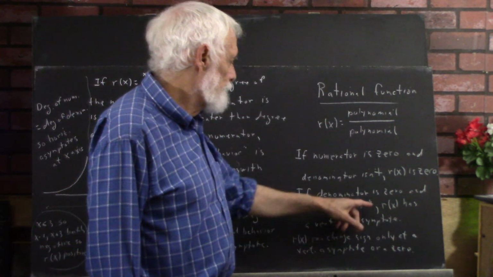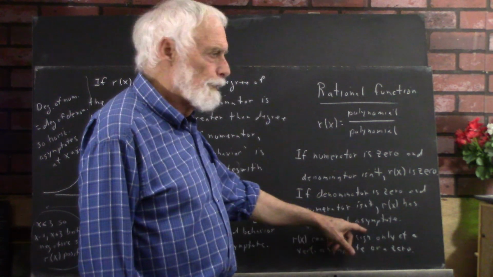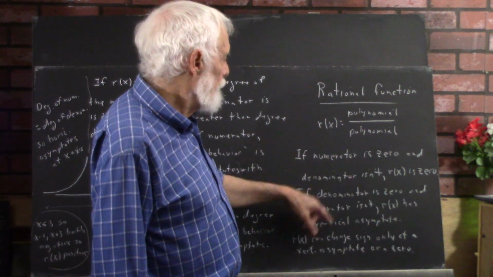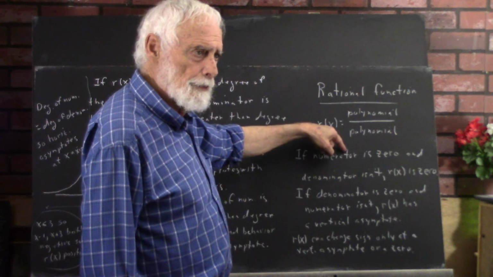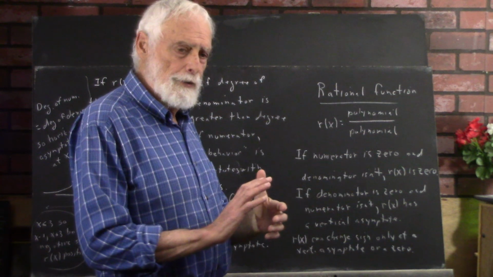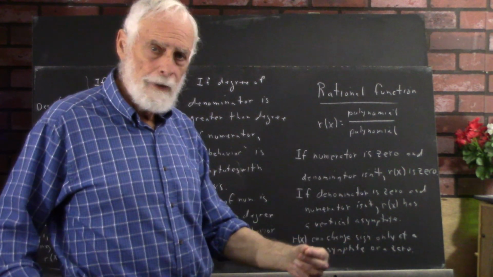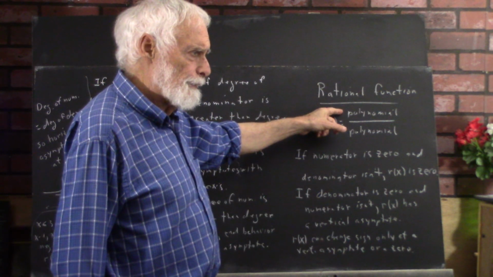If the denominator is 0 and the numerator isn't, r of x has a vertical asymptote, because then your numerator isn't 0, your denominator is. As you approach that 0, the denominator of this rational function gets very tiny. The numerator doesn't.